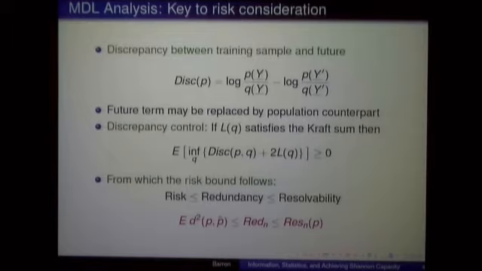Well, from that inequality, in fact, all you do is say, well, if the expected infimum is bigger than 0, then take, in place of that infimum, the Q hat, or the P hat that's the minimizer, and then put the population counterpart of the discrepancy there on the other side, and it's what gives you this risk less than redundancy, less than resolvability.